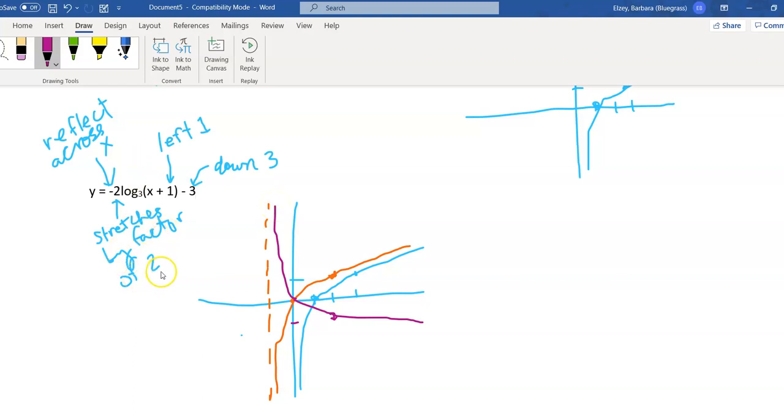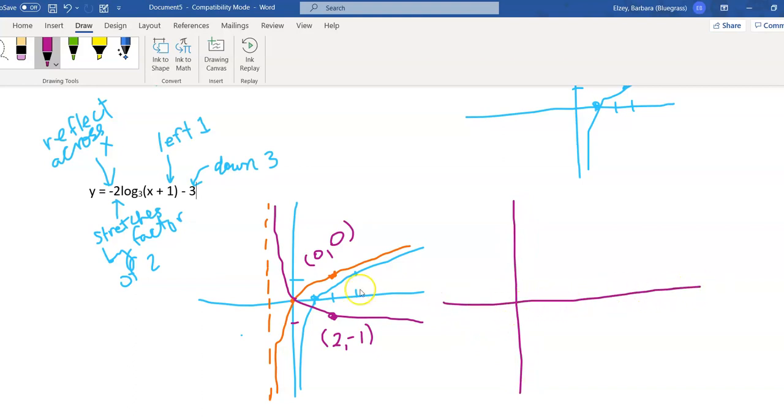Now let's stretch it by a factor of 2. Now let's notice that this new point right here is at 2, -1. So when we stretch by a factor of 2, we're going to multiply the y values by 2. And then this point right here is 0, 0. All right, so let's stretch both of those points. And I'll draw a new graph just because it's getting kind of busy. All right, so if I multiply this y value by 2, it's still 0, 0.